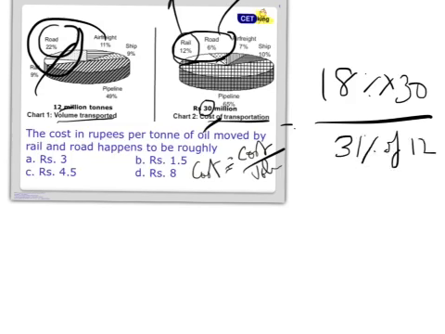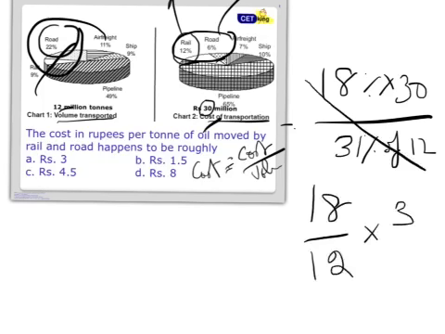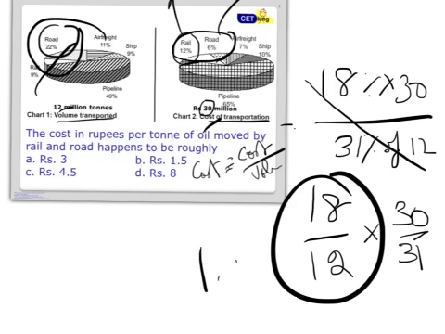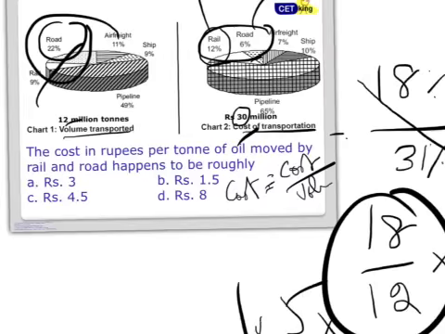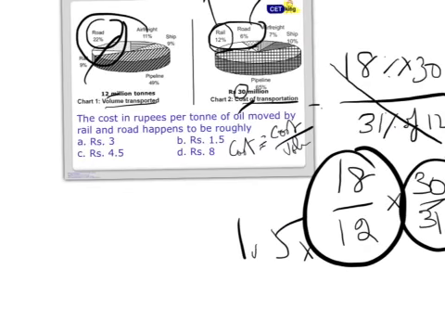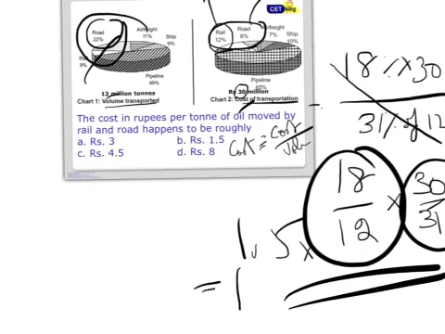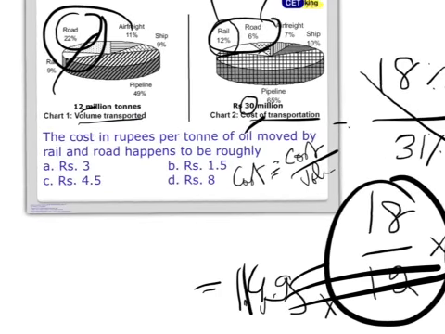Now if I look at this calculation, 18 by 12, 30 by 31. 18 by 12 is 1.5, into 30 by 31 is almost 1, or 0.9 something. So the answer roughly, if I look at the options, is 1.5 into 0.9 something, which is 1.4 something. So the only option available here is 1.5.